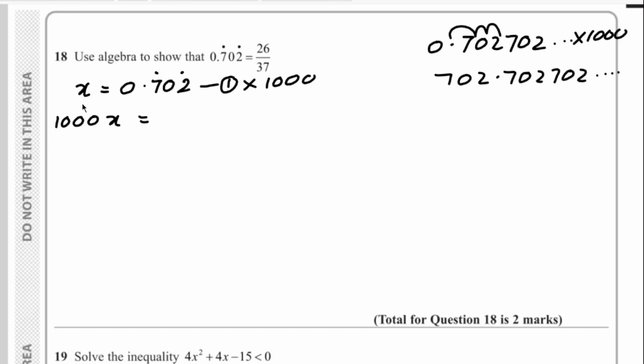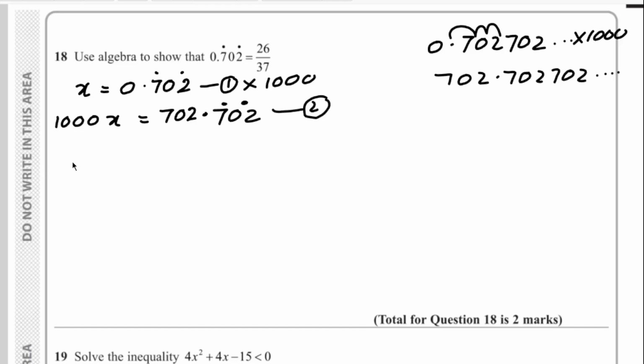Therefore, I can write this as 702.702 recurring. The meaning of placing the dot on 7 and the dot on 2 is that the whole set repeats, not only 7 and 2. 702, 702, 702. So once I multiply by 1000, I can take this 702 forward. Now, this is equation 2.